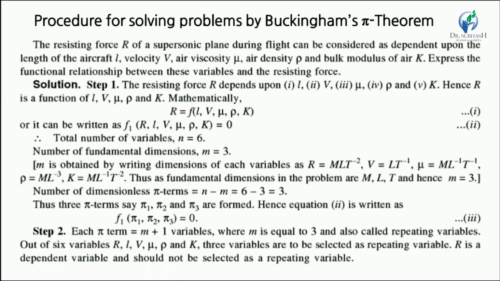Now we have to decide the number of Π terms, which is given by n minus m. n is the number of variables, 6, and m is the number of fundamental dimensions, 3. So 6 minus 3 is equal to 3. So we have to take 3 Π terms to solve this problem.